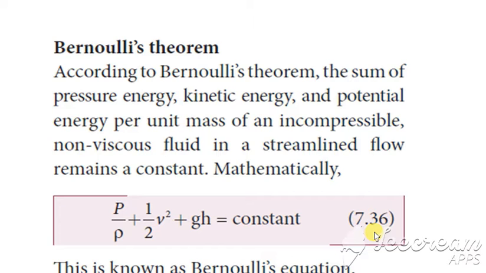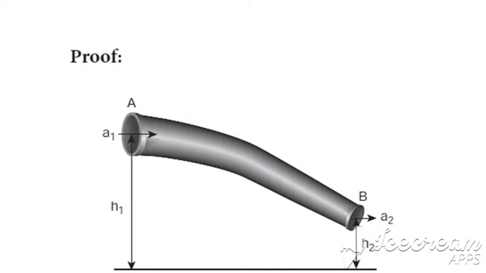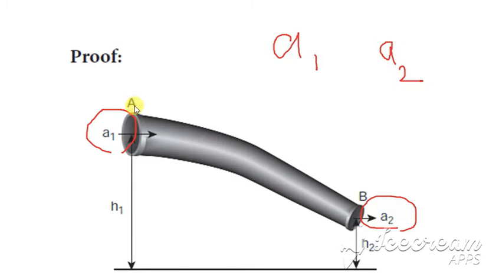For this proof we are considering the pipe this way, such that it differs in the areas A1 and A2. Which is larger? A1 is larger, so we can write A1 is greater than A2.